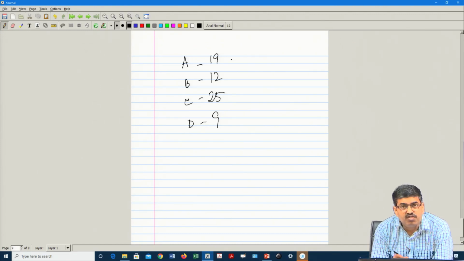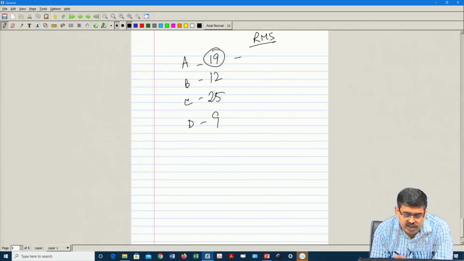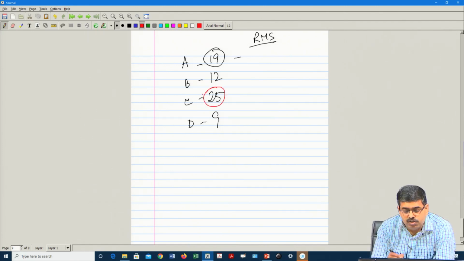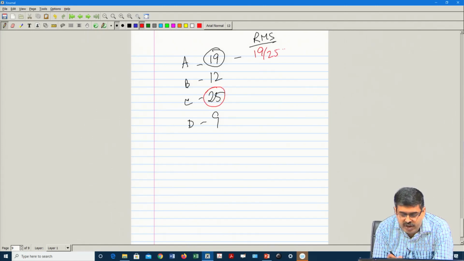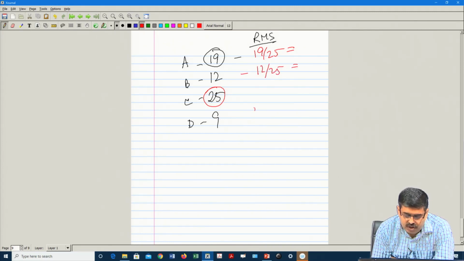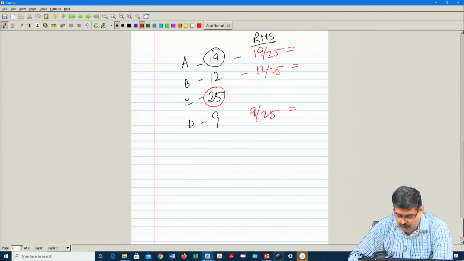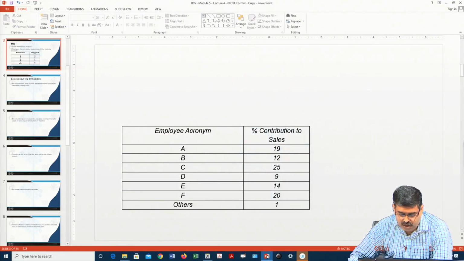What is the relative market share for A? Relative market share means your share with respect to the best in the league. So, 19 by 25, 12 by 25, 9 by 25. Now, let us go back to the table quickly.